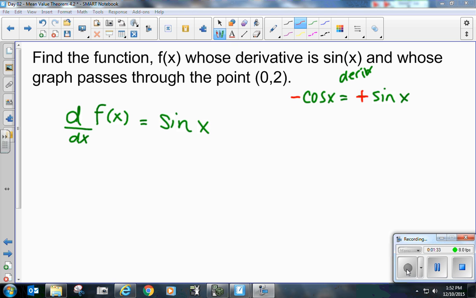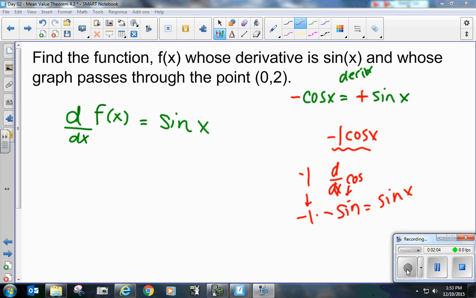Let's remember our constant rule. If I have cosine times a negative, that's really a negative 1. If I want to take the derivative of this, let's take the negative 1 out, take the derivative of cosine, which is negative sine, and then apply the negative 1 back into it, which gives me a positive sine.